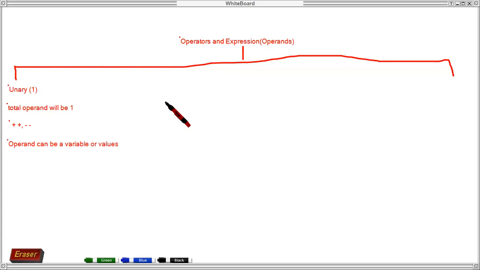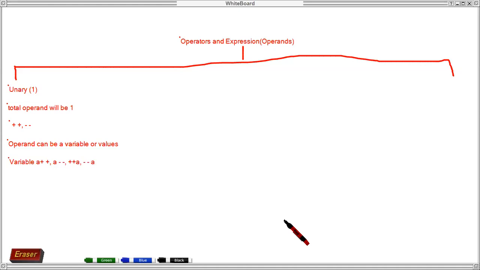Okay, so with relation to the variable, if I give you an example, variable, then the kind of thing that we can form with the unary operator looks like a plus plus, a minus minus, and then you have plus plus a, and then you can have minus minus a.